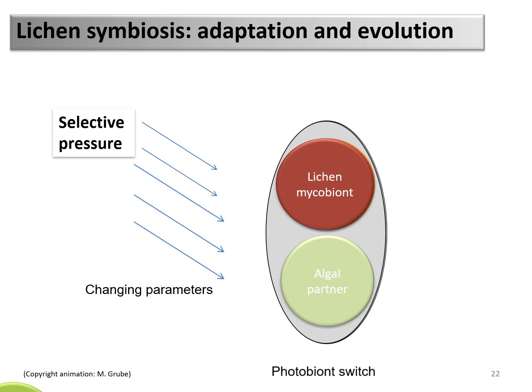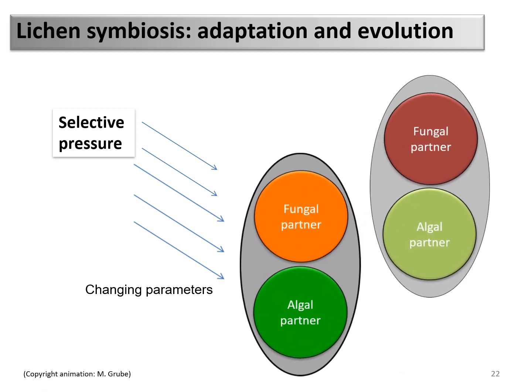In this case, the new relationship that is established may develop into a really new lichen species. So the new couple of the two partners evolves and becomes a new lichen species.